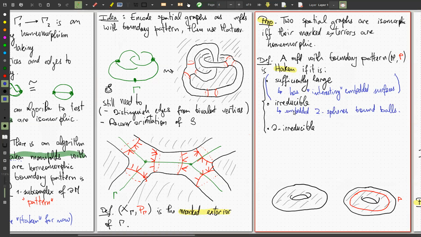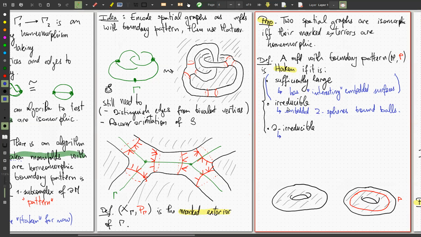Whenever you see an embedded 2 sphere, one of the sides is a ball. It's easy as that. Boundary irreducible is somewhat analogous, but it takes a bit more care to formulate, and it depends on the pattern.